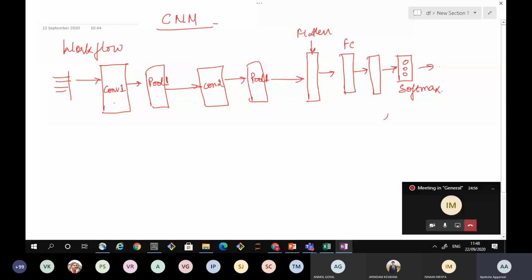So what is softmax? I'll just quickly give you an overview. In the softmax function, suppose you have a cat, a dog and, let's say, a horse, 3 animals, so you have 3 output nodes.